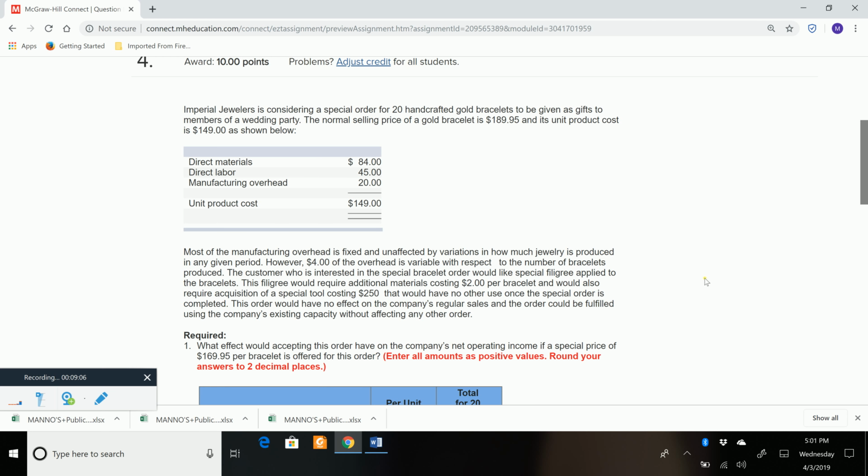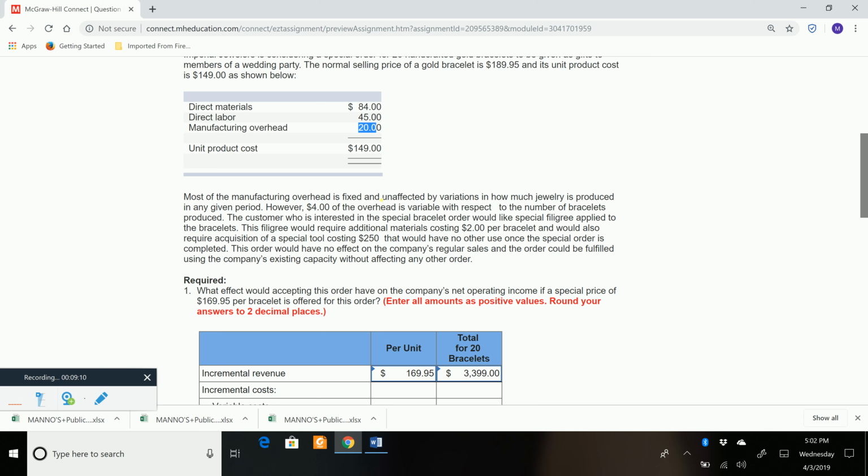Most of the manufacturing overhead of $20 that we see here is fixed and unaffected by variations in how much jewelry is produced. So they're saying out of the $20, all of it is fixed except for $4 of it. $4 of it is variable with respect to the number of bracelets produced.